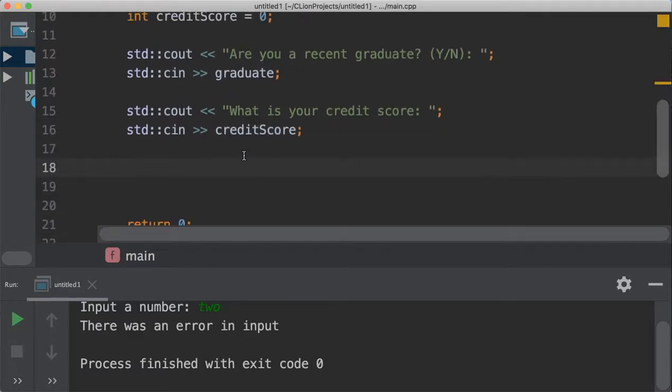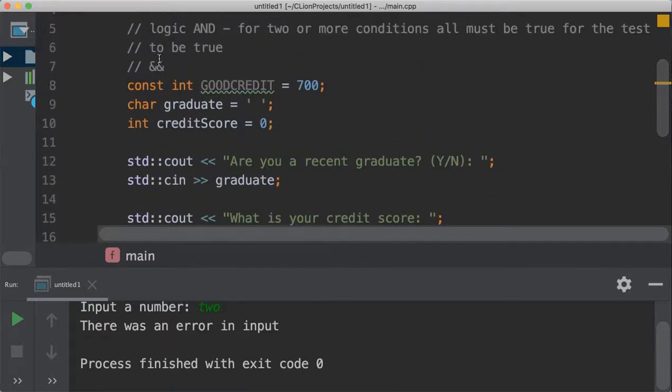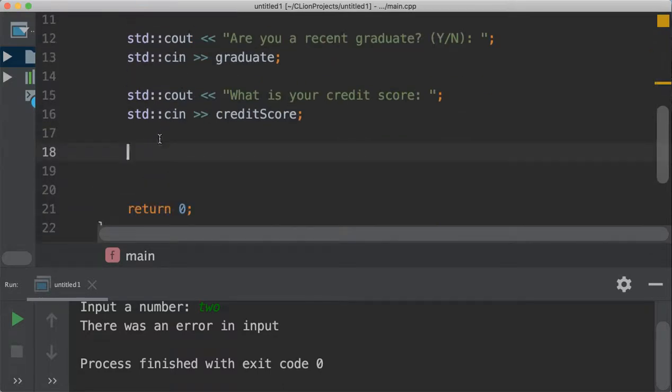So there we go. We're going to grab two pieces of information from you, our recent graduate, what's your credit score, and now we're going to use this AND conditional test to test for both.